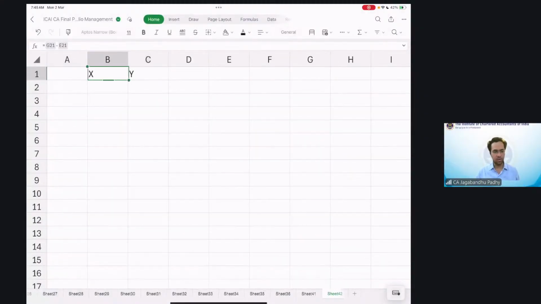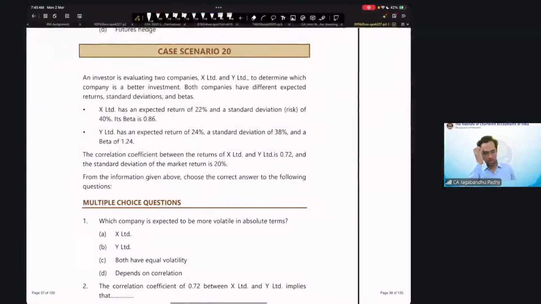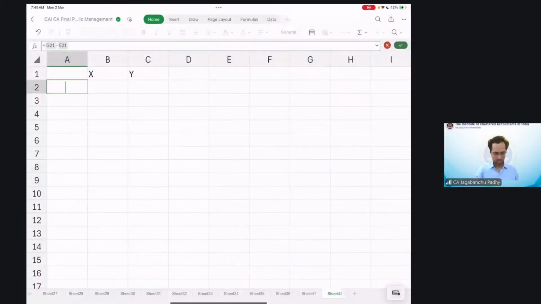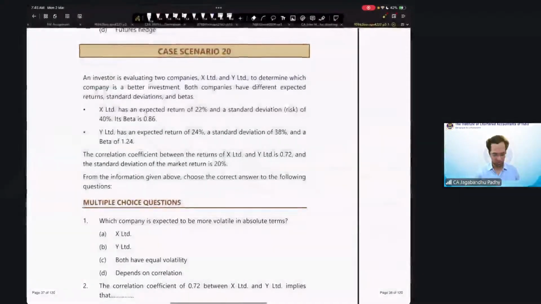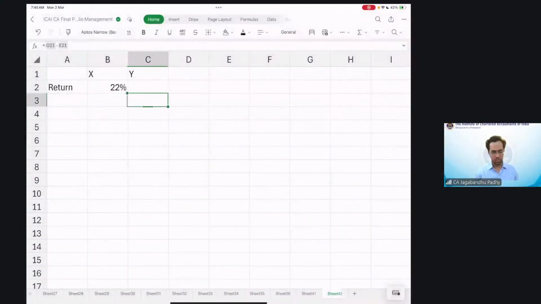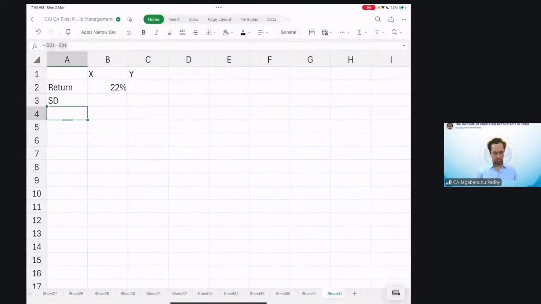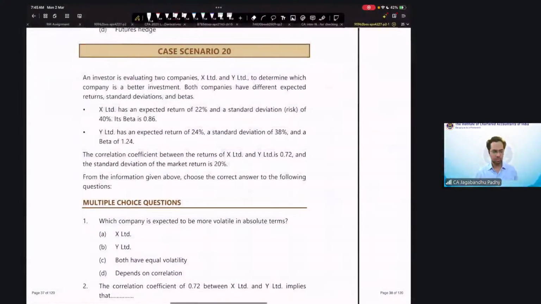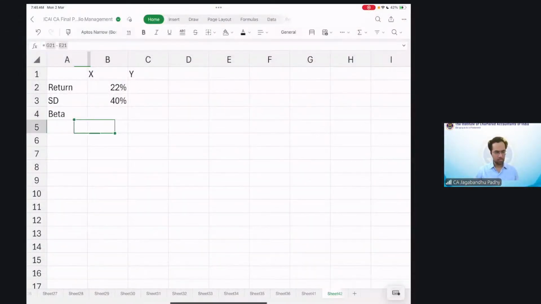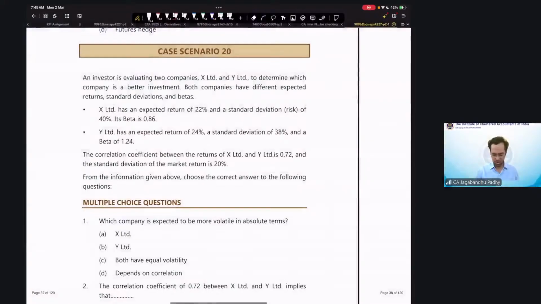X is having an expected return of 22%, standard deviation of 40%, and beta of 0.86.